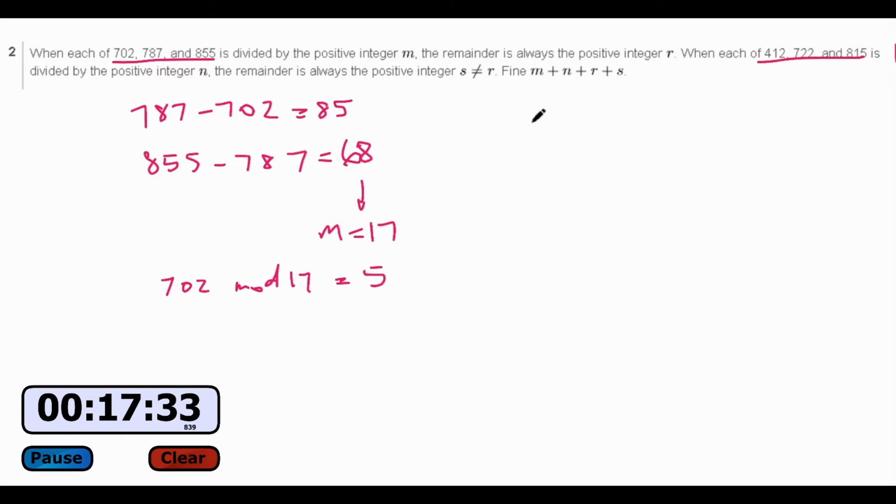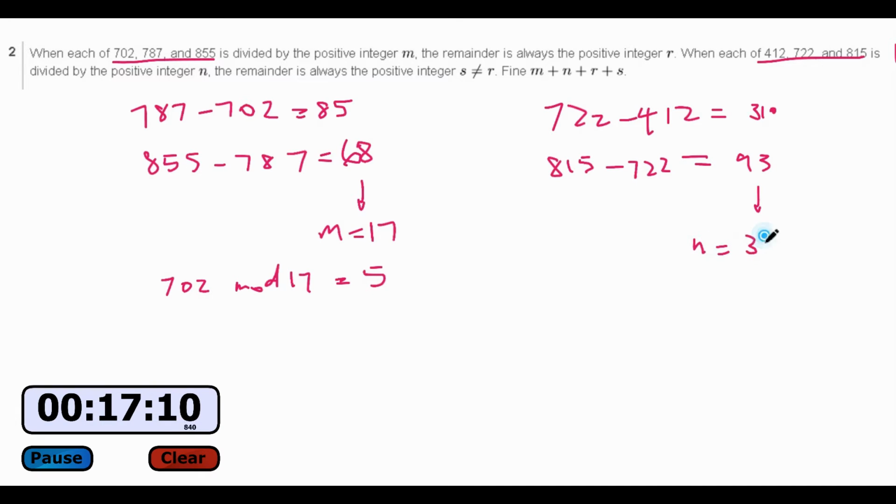Alright, so now we do the exact same thing on the other side. So 722 minus 412 should be a multiple of n. In this case, this is equal to 310. We also have that 815 minus 722 is equal to, let's see, 93. And this is also a multiple of n, so by taking the greatest common factor, n is equal to 31.